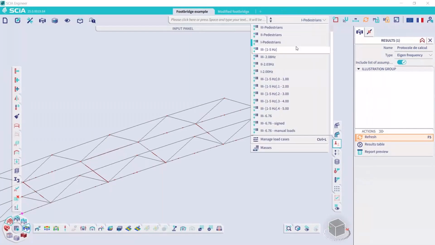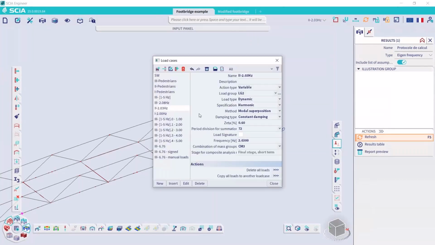We have identified the loads to be applied. For the load case associated to class 2, we use a frequency of 2.003 Hertz. And of course, we need to use combination of mass groups, CM3 in that case.